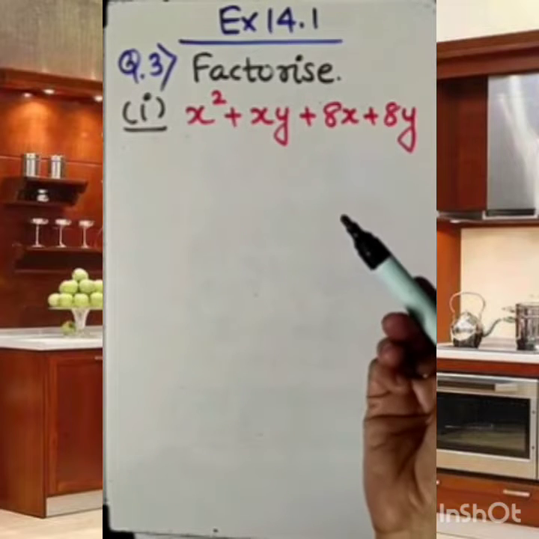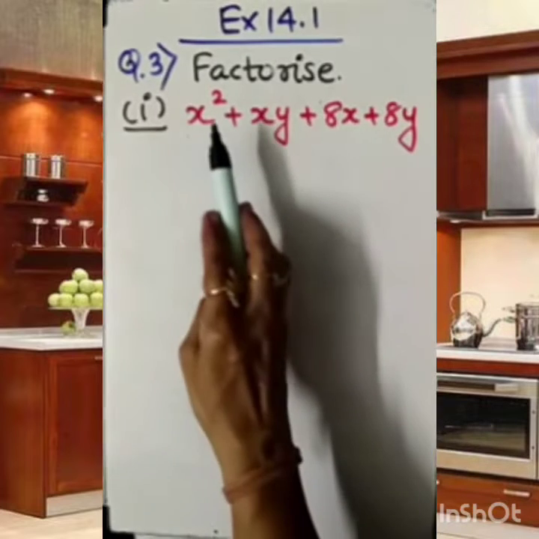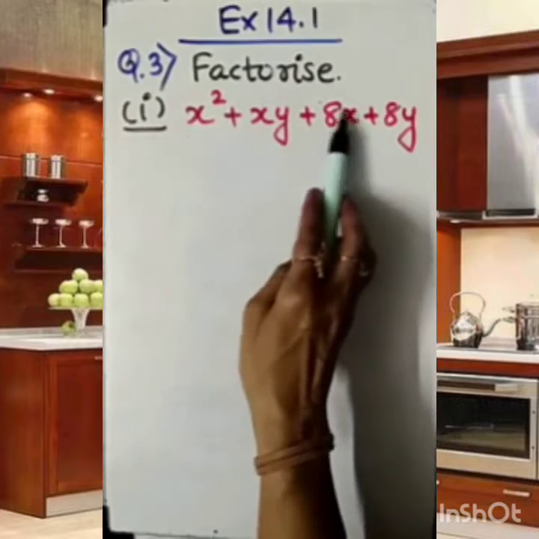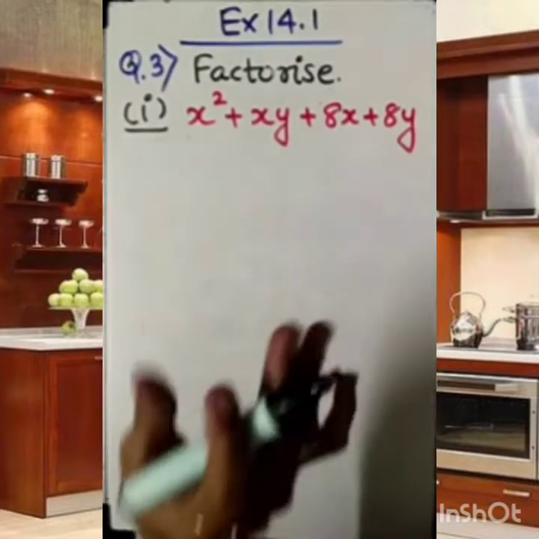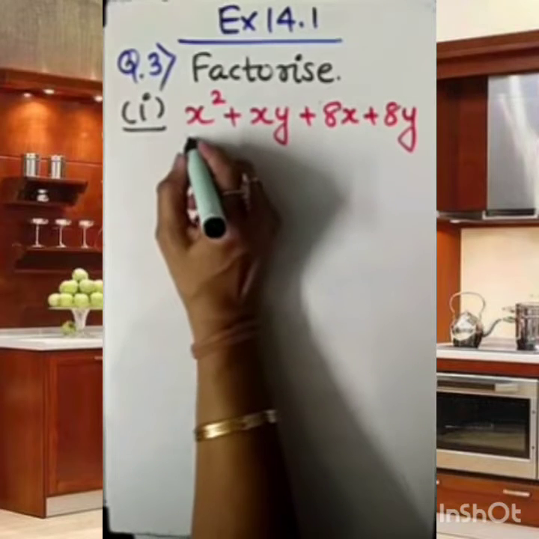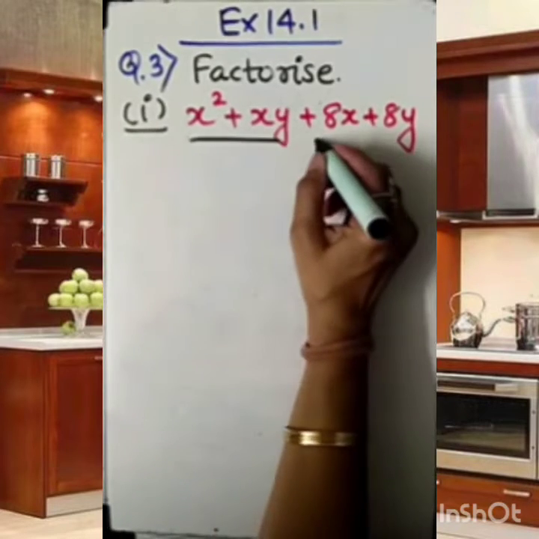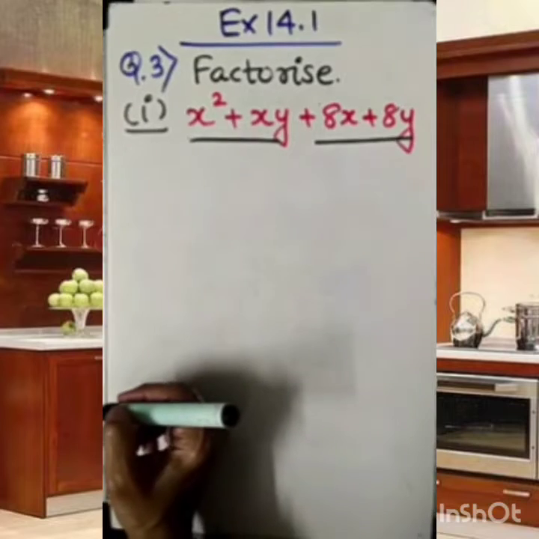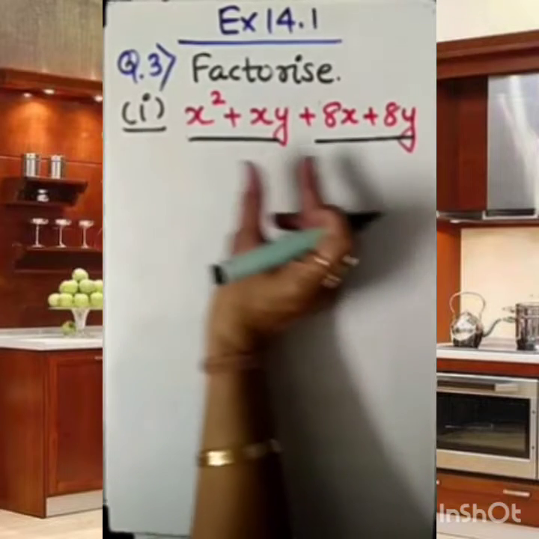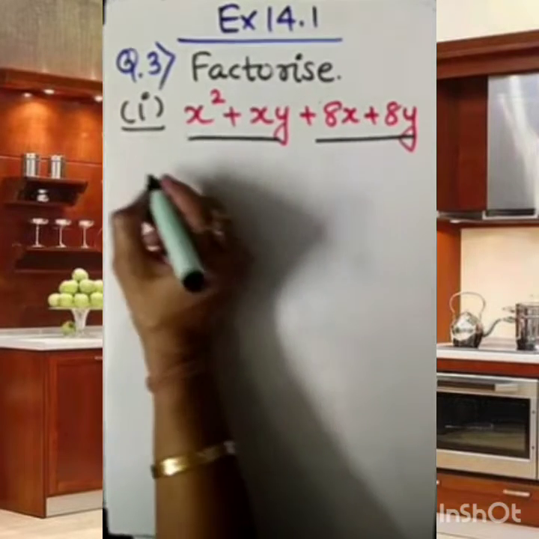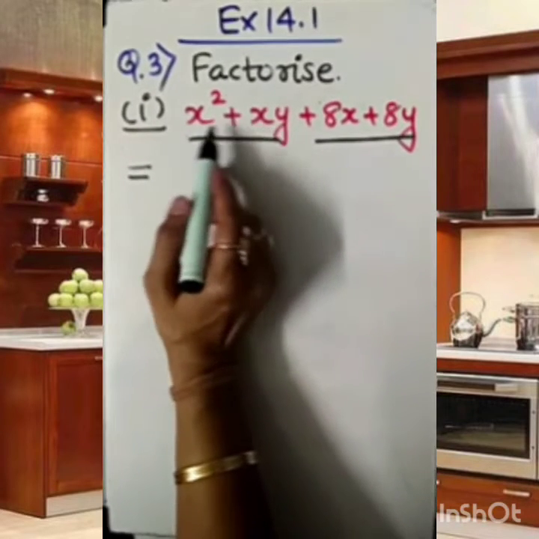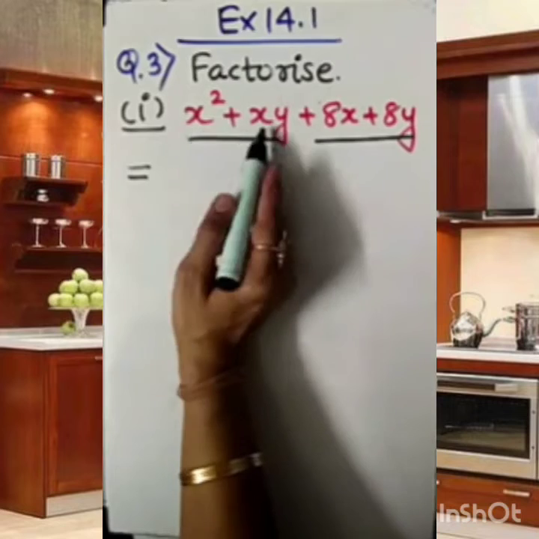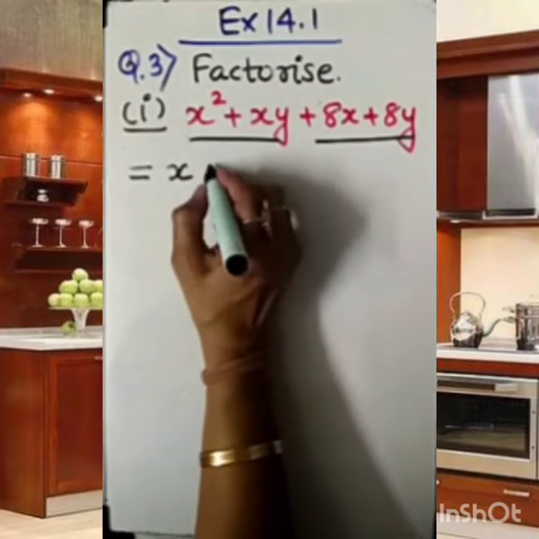In question number 2, we took something common out of all the given terms. But in this type of question, we need to make a pair: the first two terms and the next two terms. From the first two terms, x is common, so let me take x common.